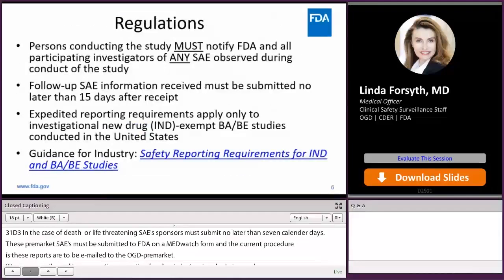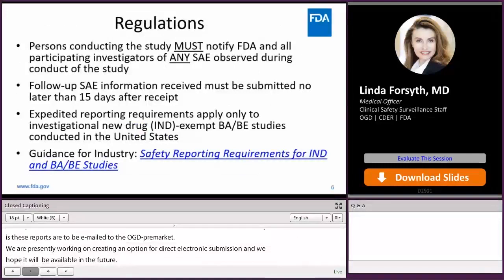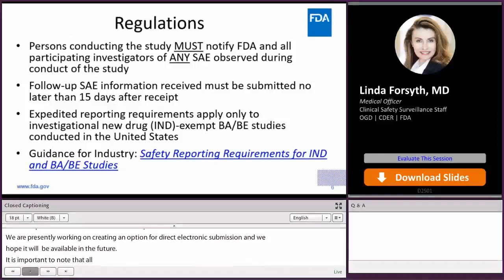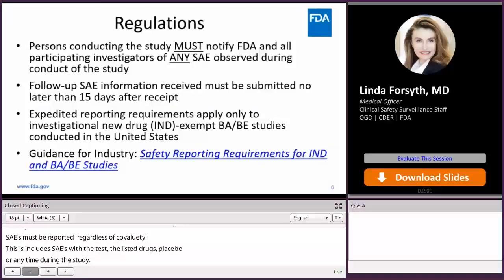It is important to note that all SAEs must be reported regardless of causality to FDA and to all participating investigators. This includes SAEs with the test, the reference listed drug, placebo, or at any time during the study. A common question we receive is, should all SAEs for bioequivalence studies be reported, even when the person conducting the study does not think the events are drug-related?